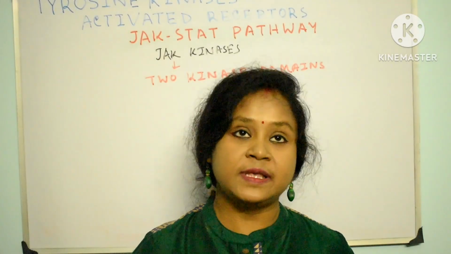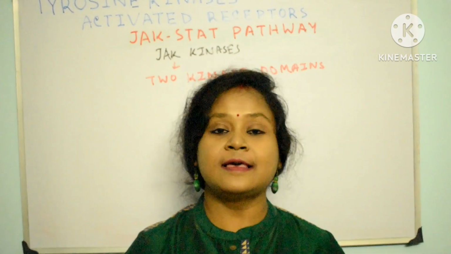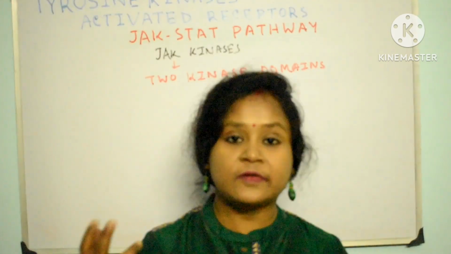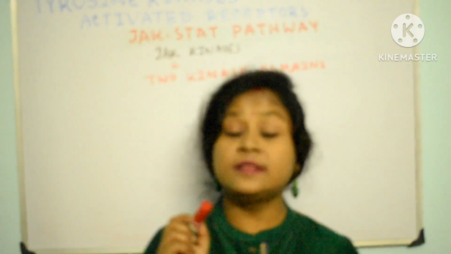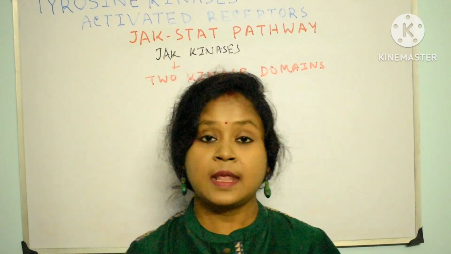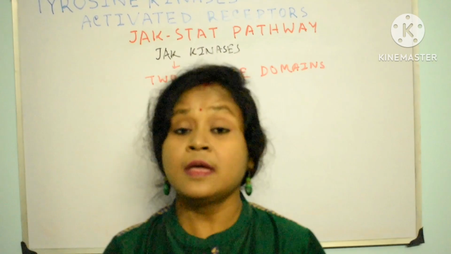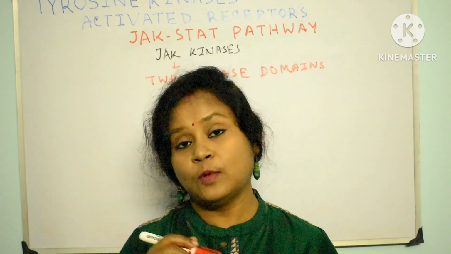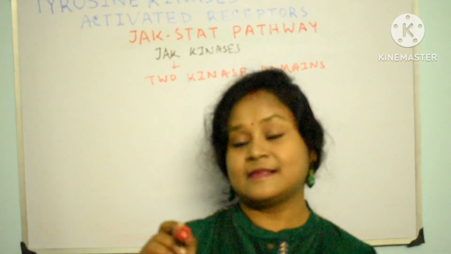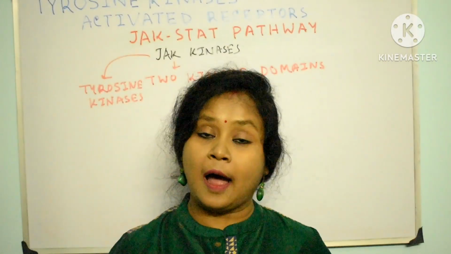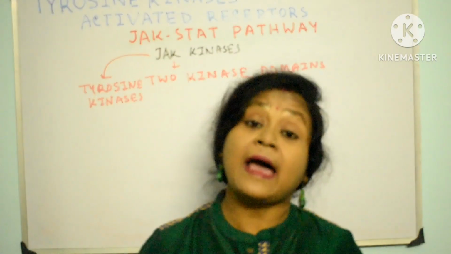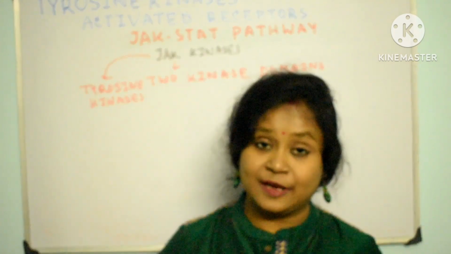Several members of this family are known: Jak1, 2, 3, each associated with a specific set of cytokine receptors. The Jak kinases are tyrosine kinases whose major substrates are transcription factors called STAT.